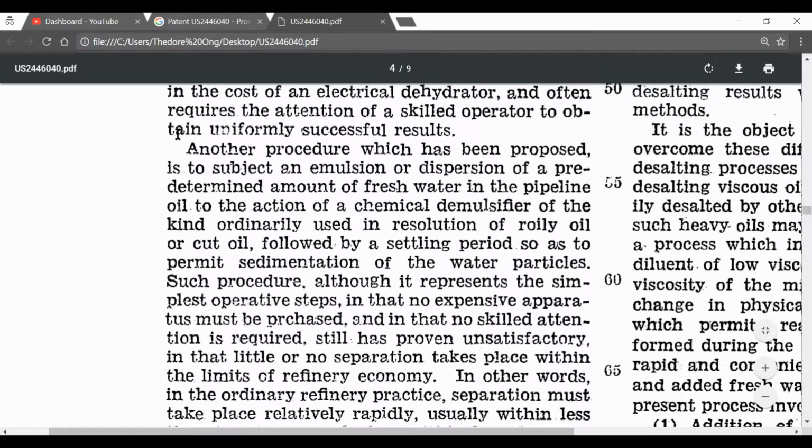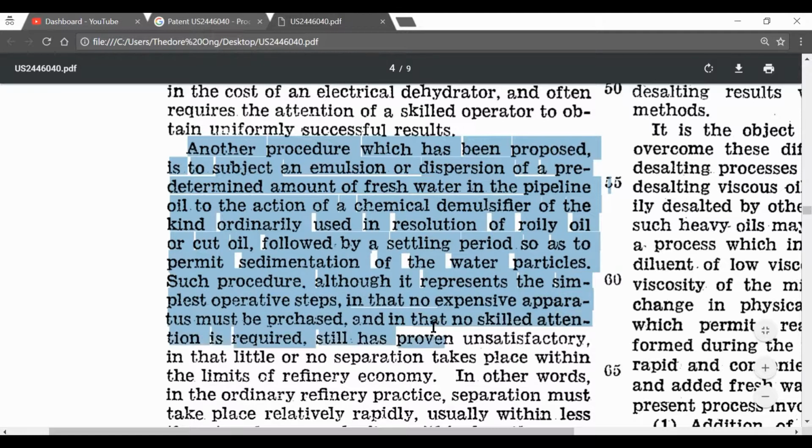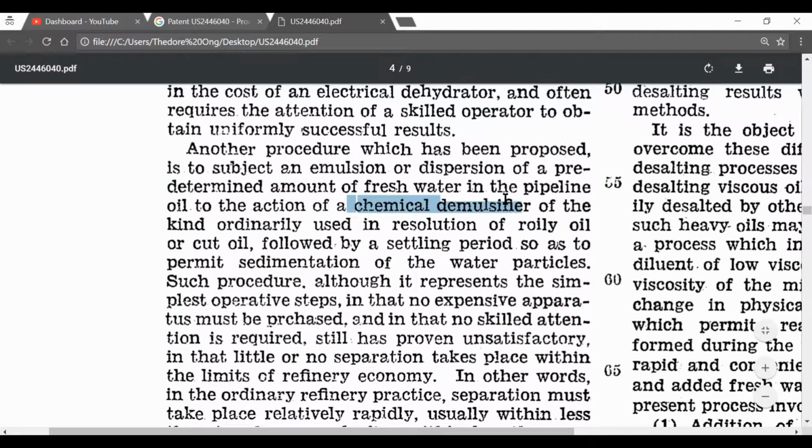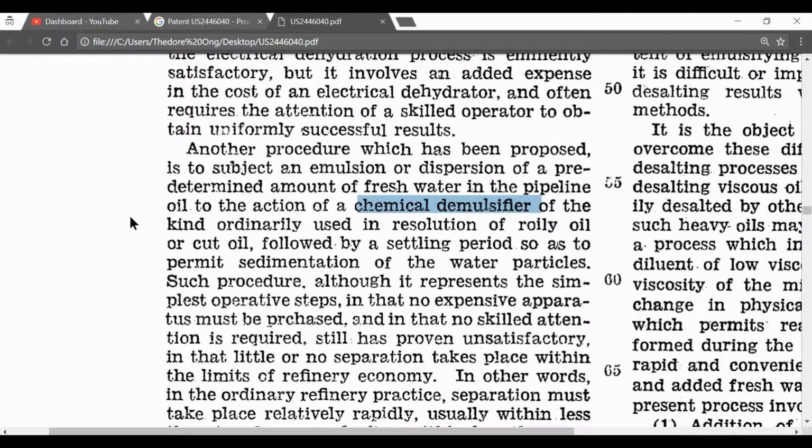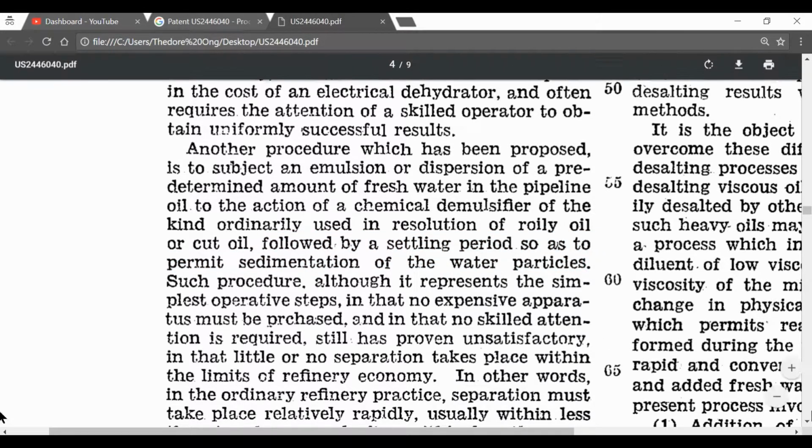So this is yet another method. It's called chemical demulsification, using a chemical demulsifier as seen highlighted in blue here. Chemical demulsification is used in the resolution of roily oil or cut oil, followed by a settling period to permit the sedimentation of water particles.